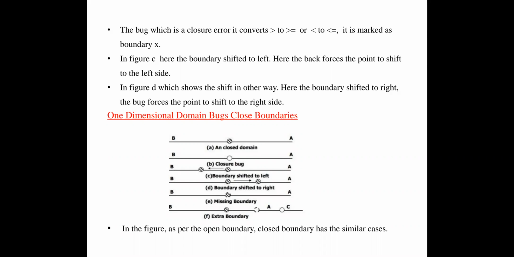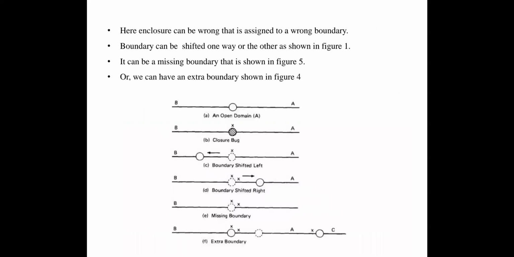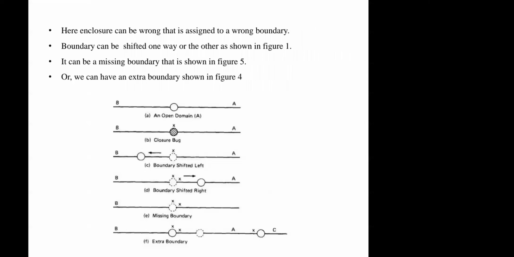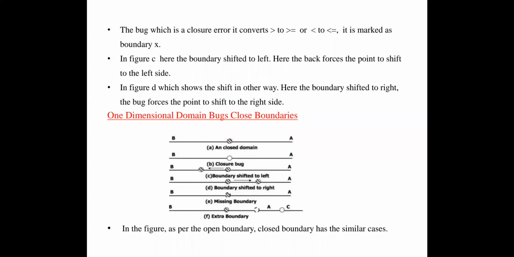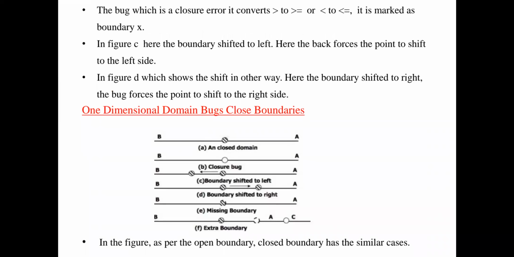Okay, see in the figure, the boundary is shifted to the left. See here, the boundary initially has to be represented at the X position, but it is represented to the left. So that is called an error. Here the bug forces the points to shift to the left side, which means the equation you have taken is a wrong equation.